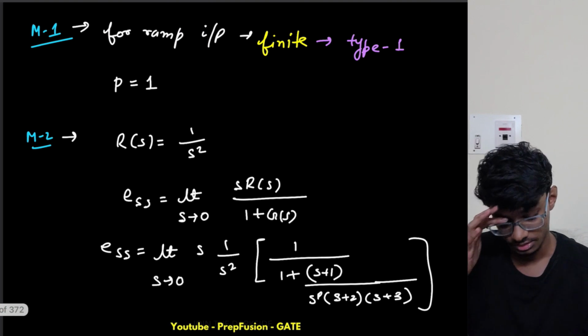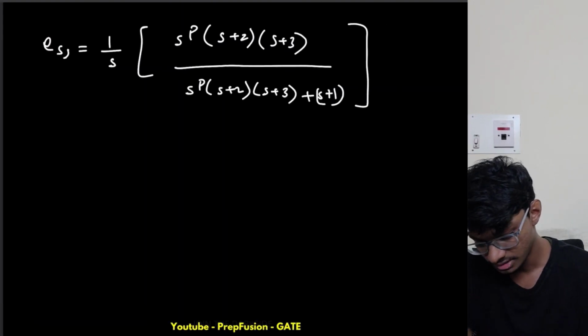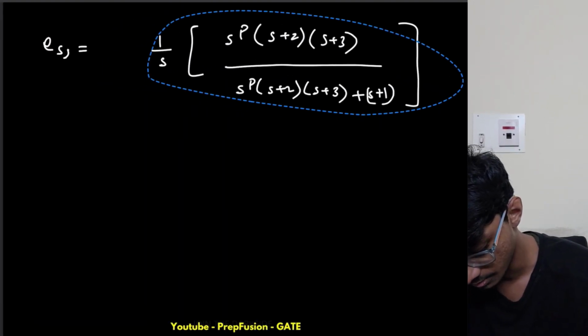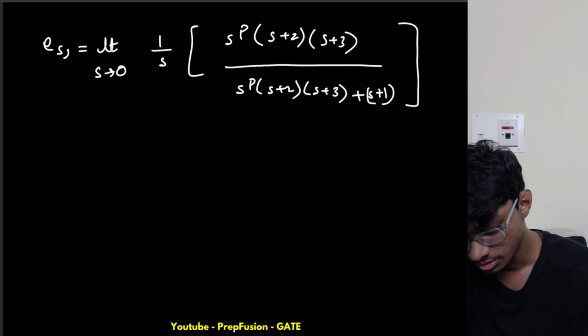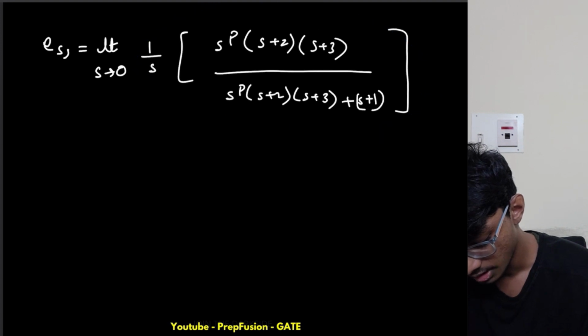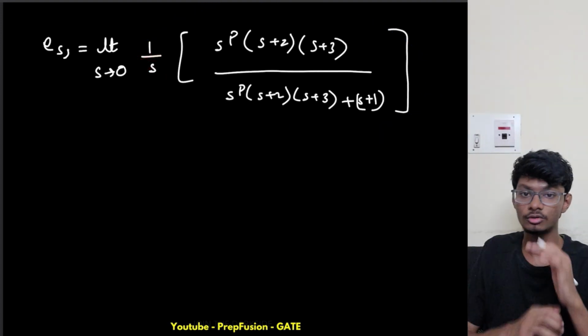Also I forgot to put this limit s tending to 0. So what is the main thing? I have one s term over here, and now I need to cancel this one.